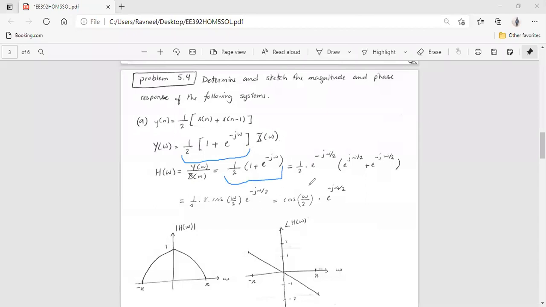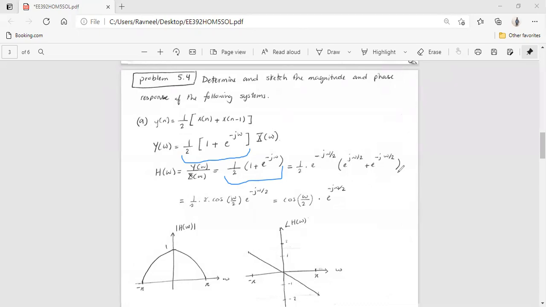Now, in order to determine the magnitude response, we are left with this. We can further simplify this, right? We can factor out e to the power of minus j omega upon 2. Then e to the power of j omega upon 2 plus e to the power of minus j omega upon 2, divided by 2, would represent cos omega upon 2, isn't it?